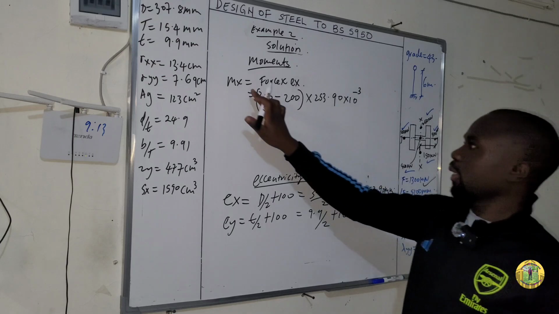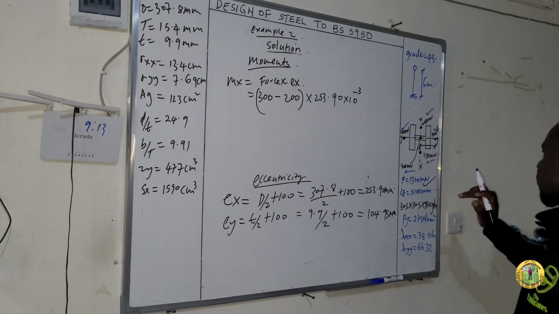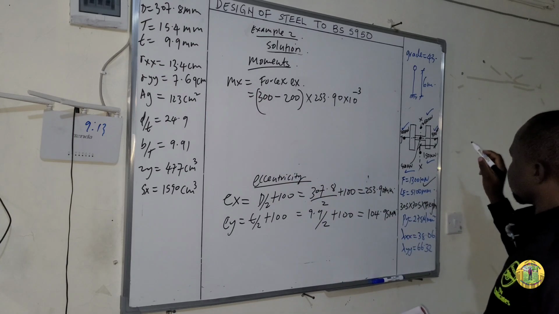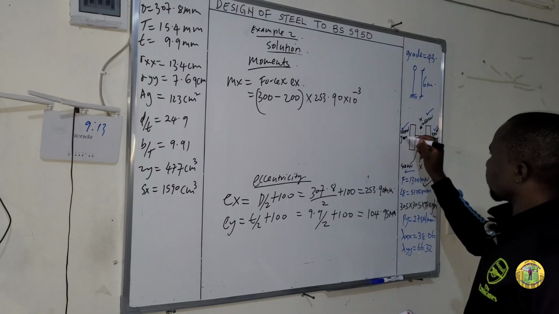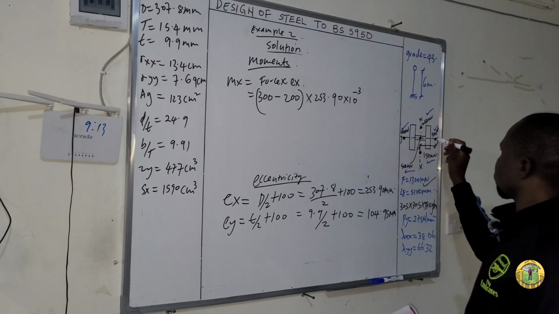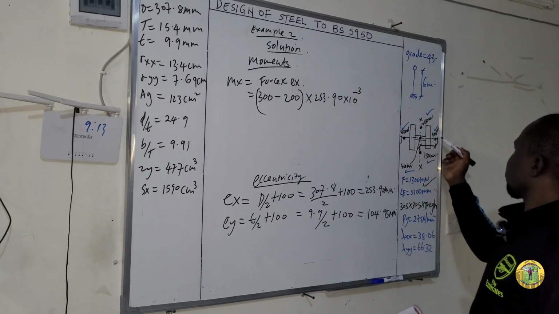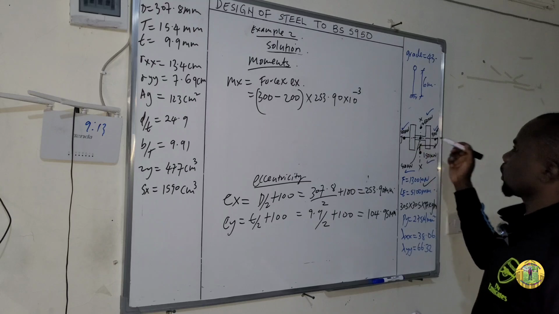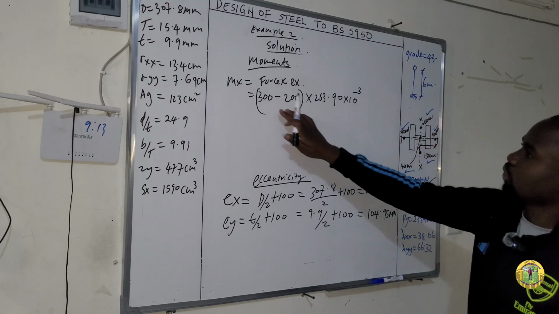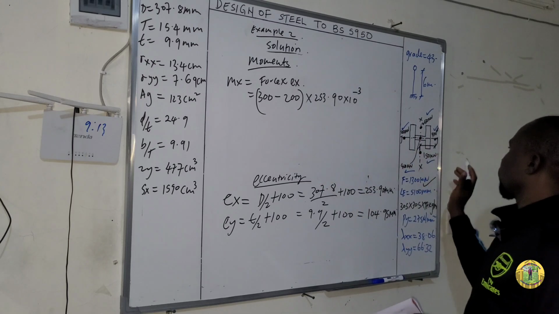I have said this because we want Mx, so we'll take the loading. You will get the difference of the loading on the YY axis. As you can see, we have 300 and 200. So the difference is 300 minus 200.